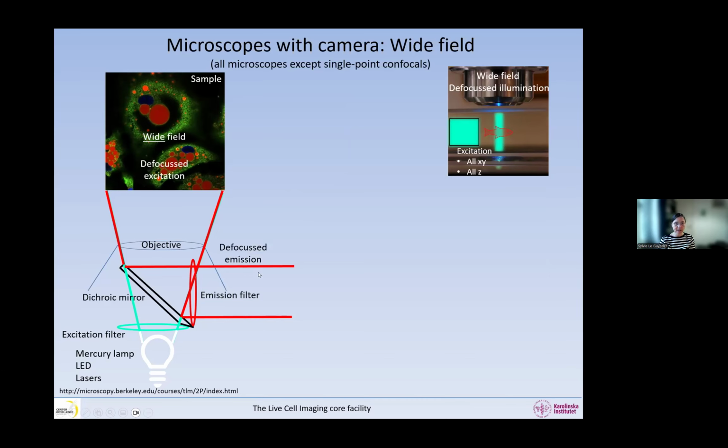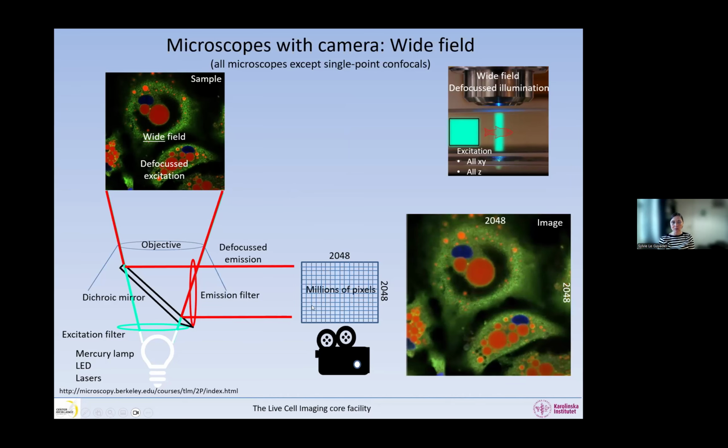So we have defocused excitation, and we also have defocused emission. So we have a lot of light that comes from everywhere in the sample. And what we do is put the camera where the point spread function is formed. We record all the point spread functions at the same time with millions of pixels, and we get an image with the same number of pixels.